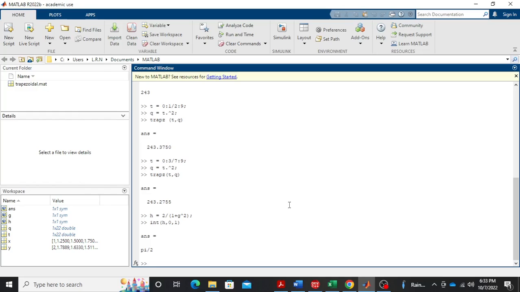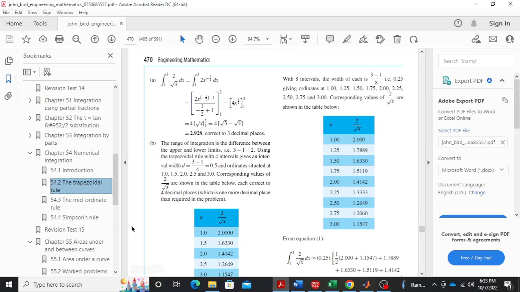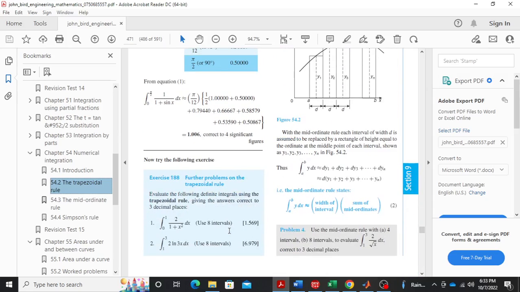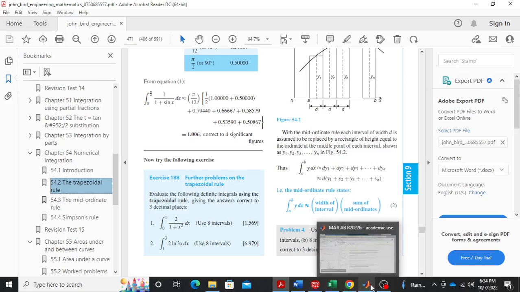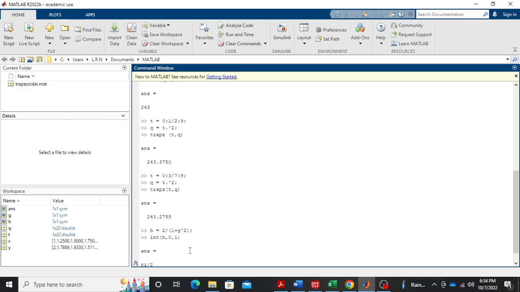So today we will evaluate it using the trapezoidal method with 8 intervals. Take note that in this problem I use g instead of x as the variable so that it will not substitute the values of x I used earlier.